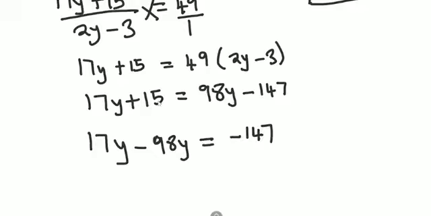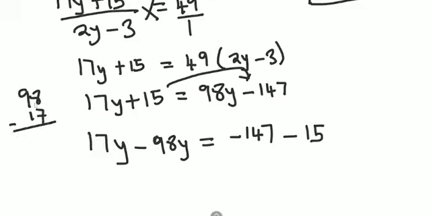Then this positive 15 will go to the right hand side to become a negative 15. Then from here we say 17y minus 98y. You can do 98 minus 17 and see what you are going to get. 8 minus 7 is 1, 9 minus 1 is 8.